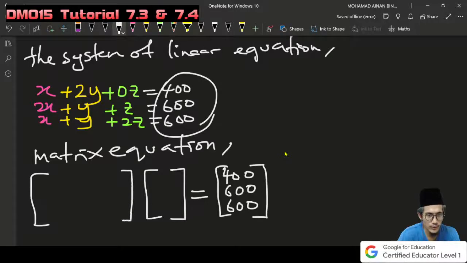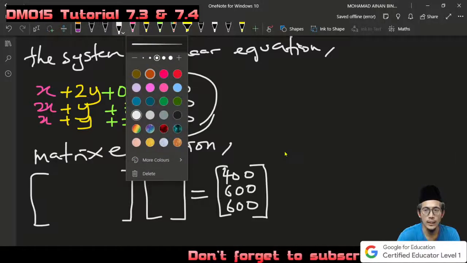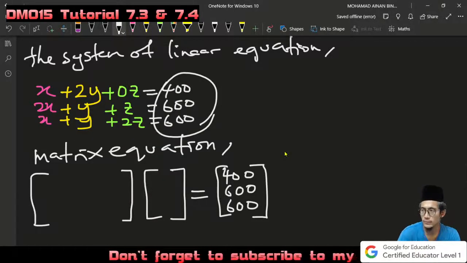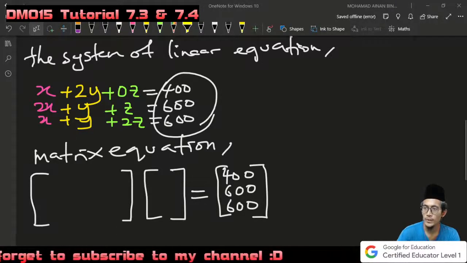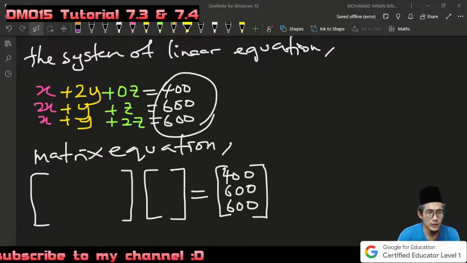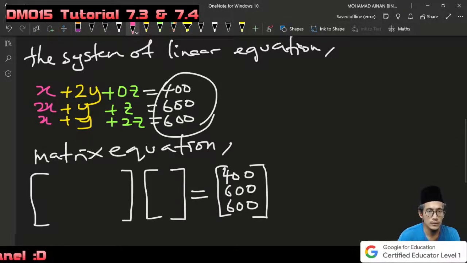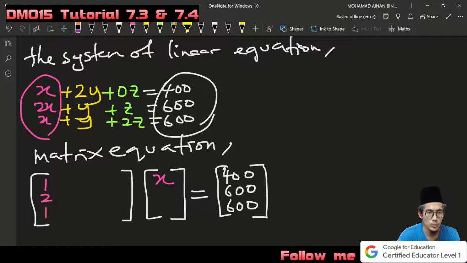Okay. Now, we copy according to the column. First column is column X. So the numbers are 1, 2, 1.